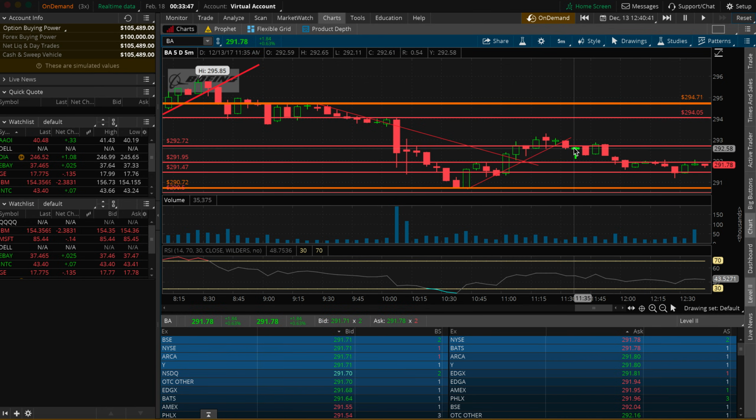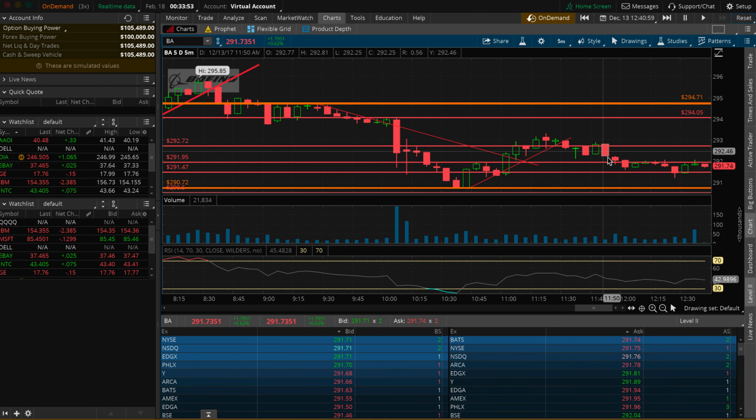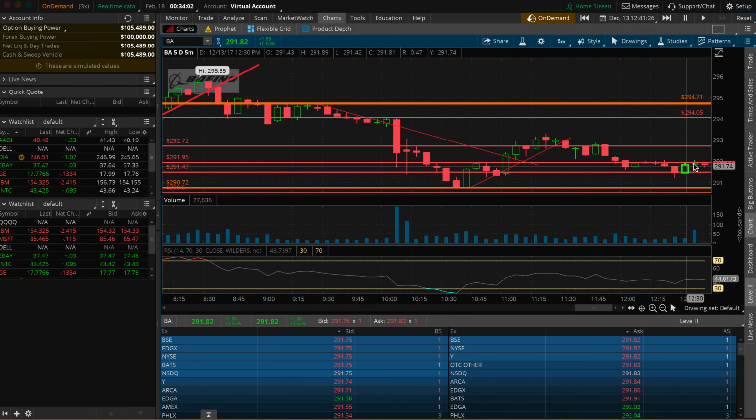We got out right here actually at this candle. We got out of here, consolidated, came down a little bit, consolidated, came down, consolidated, and then came back up. So it's going to stay in this range right here. It's 20 minutes left in the trading day.